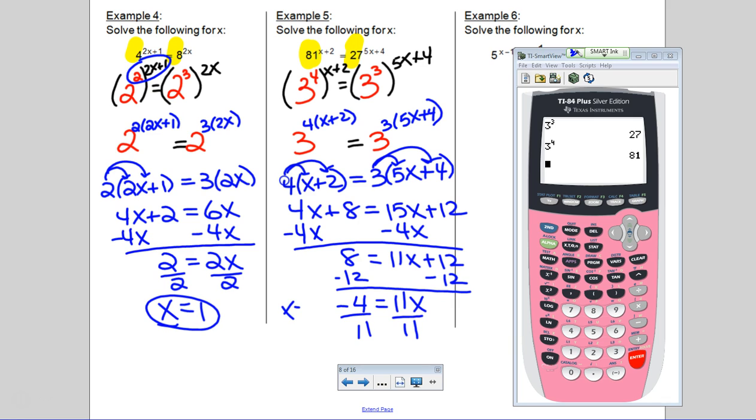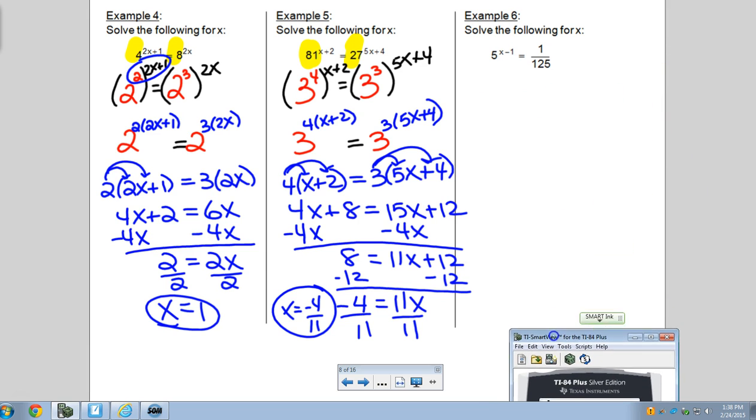All right, and again, you will get not so nice answers. You can have a negative answer or a fraction answer, so your answer is -4/11. All right, we'll do one last problem together.